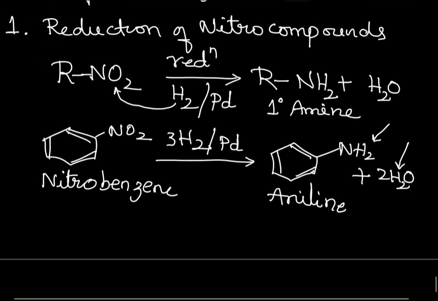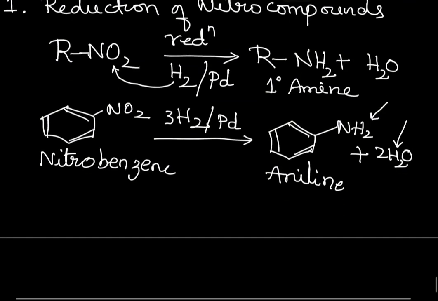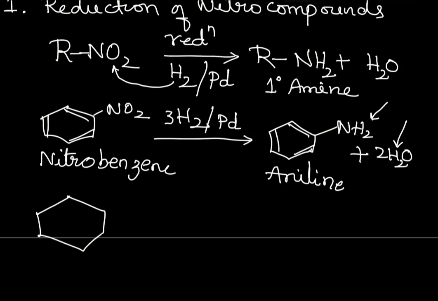There is another method of reduction of nitro compounds. You can take nitrobenzene. There is one more reducing agent, maybe a better reducing agent. You can put a reactive metal, tin, in hydrochloric acid.